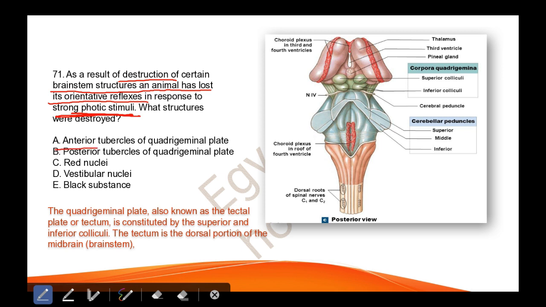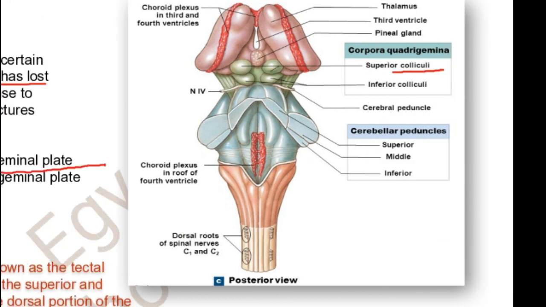This is because of the anterior tubercles of the quadrigeminal plate. The anterior tubercle can also be named as the superior colliculi of the corpora quadrigemina or quadrigemina of the brainstem.